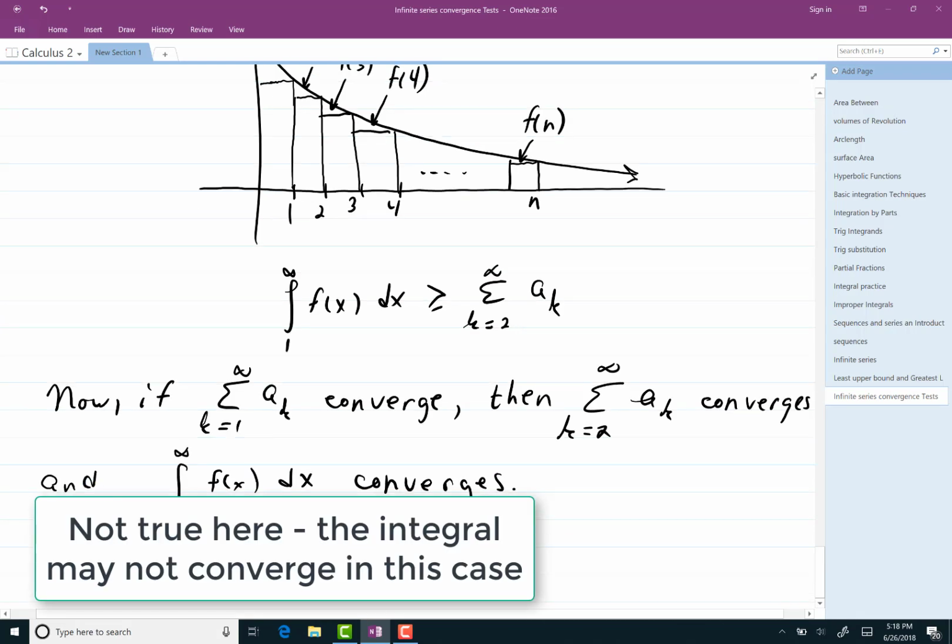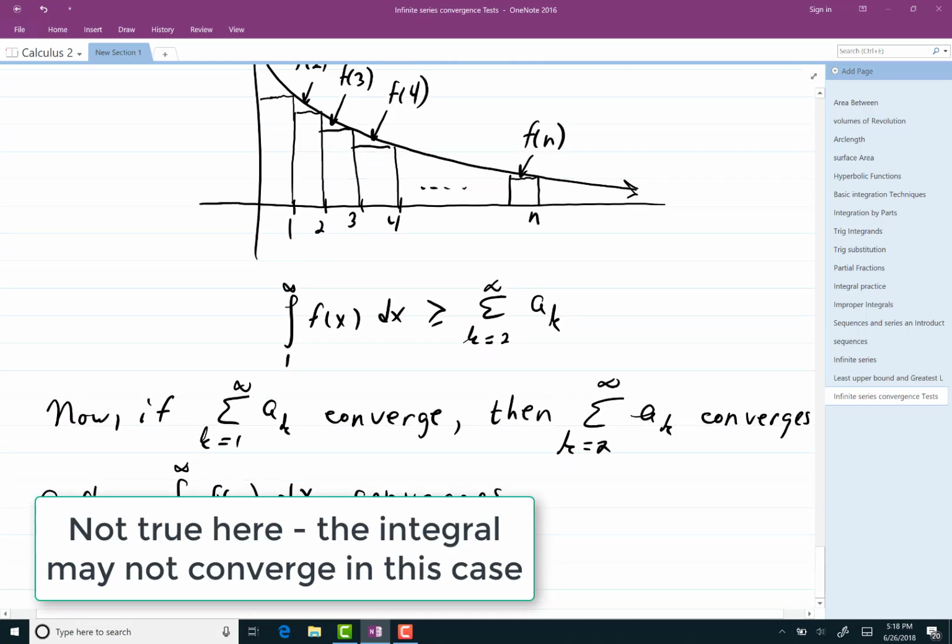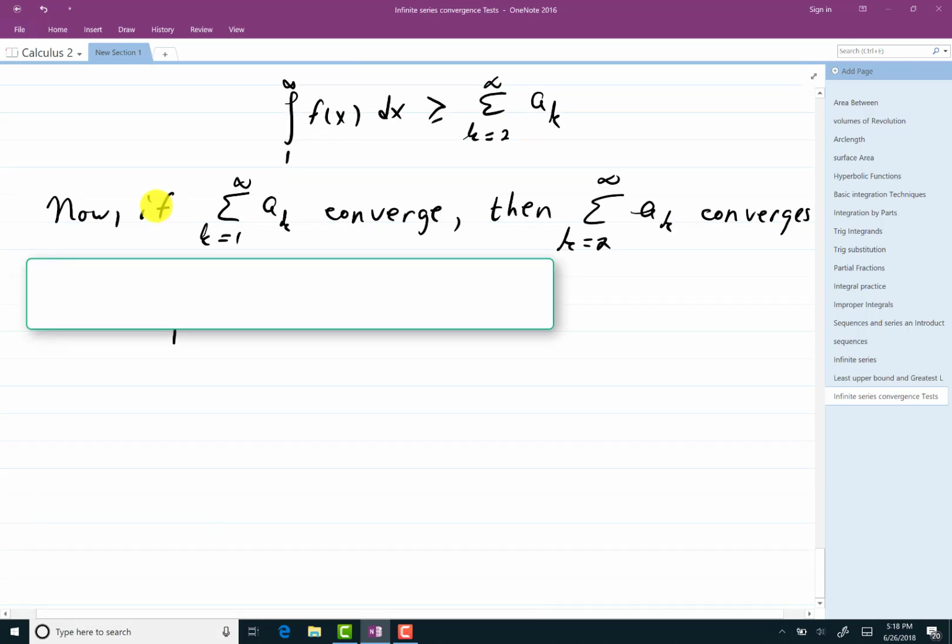Now, if it should happen that the series diverges, actually put a 1 here. If that diverges, then this series also diverges because you're just taking away the first term. If this is infinite, taking away the finite a sub 1 is still infinite.